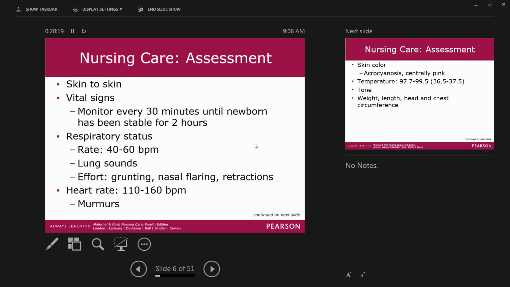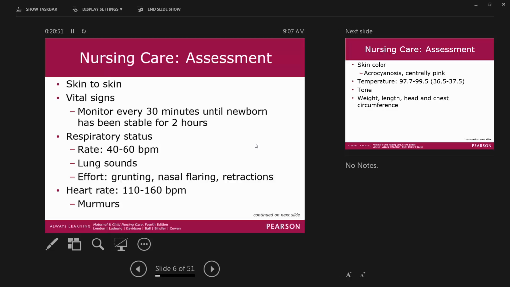So we want to know preductal, and I would put an oxygen saturation on my baby. If my baby's oxygen saturations were normal, and my baby was grunting, flaring, and retracting, would I do something for this baby? Would you put surfactant in its lungs? No. I would monitor this baby. I've got a normal respiratory rate, I've got normal oxygenation, but I'm grunting.